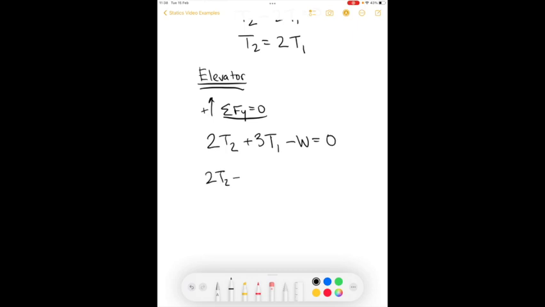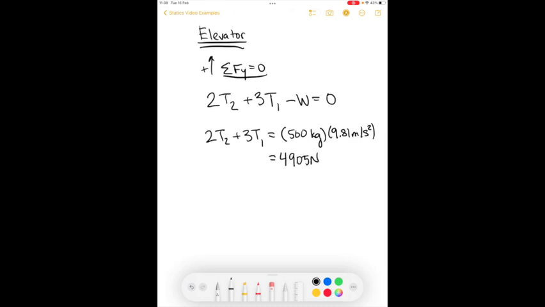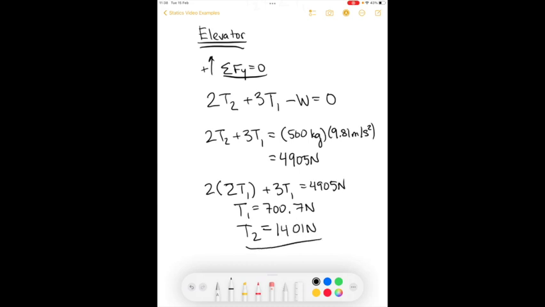So 2 T2 plus 3 T1. Now I can put those 2 equations together and solve. And we find that this is 1,400. So a simple example.